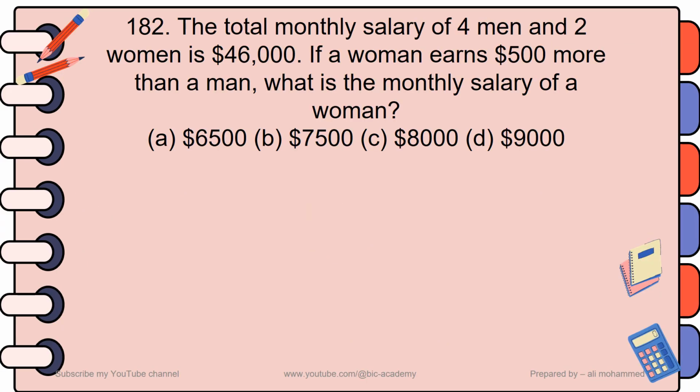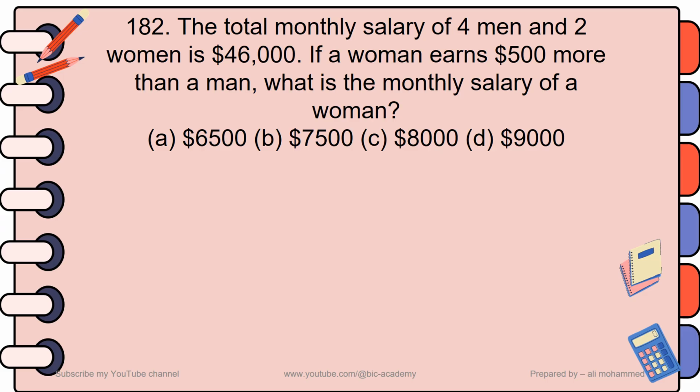Okay, question number 182. It says that the monthly salary of 4 men and 2 women is $46,000. If a woman earns $500 more than a man, what is the monthly salary of a woman?